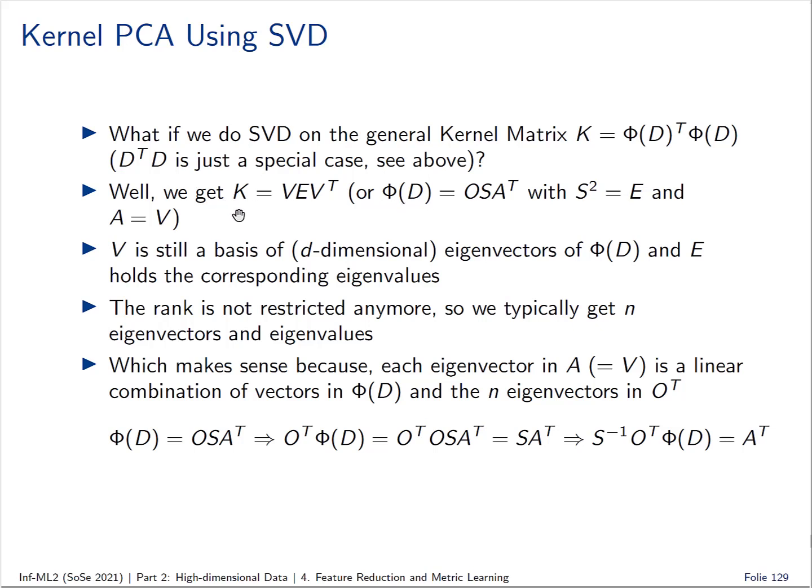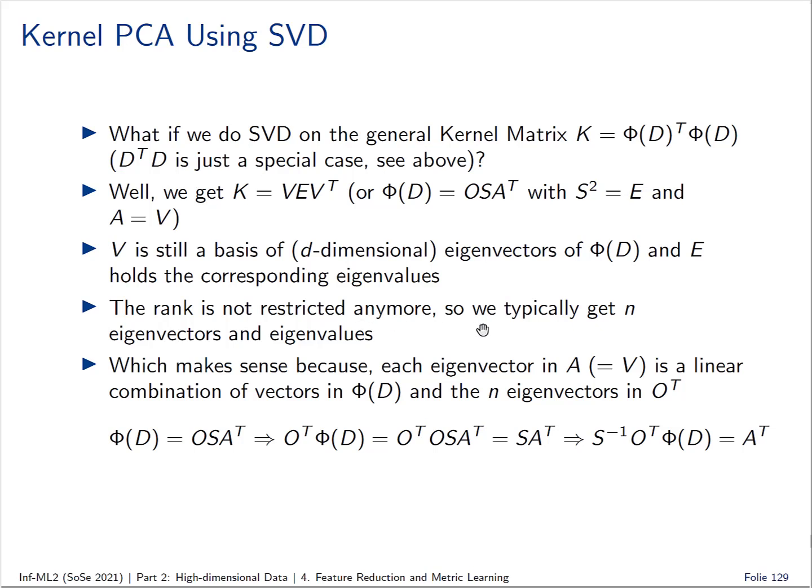So as I said before, V is still a basis of d-dimensional eigenvectors of these new mapped spaces, and E has the corresponding eigenvalues for all these eigenvectors. The only thing now is that the rank may not be restricted anymore.